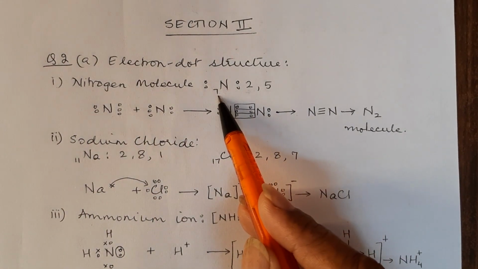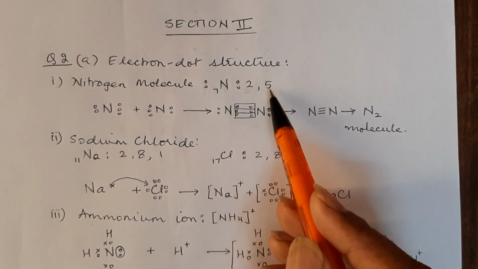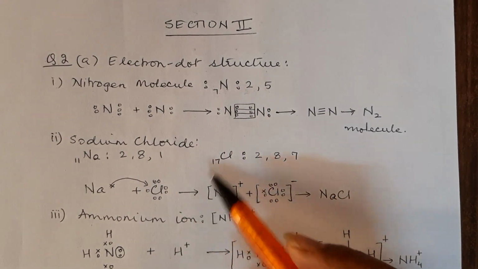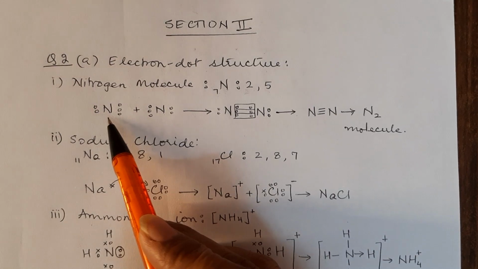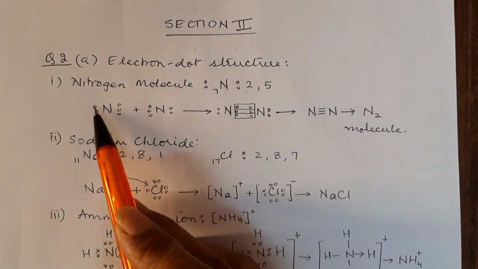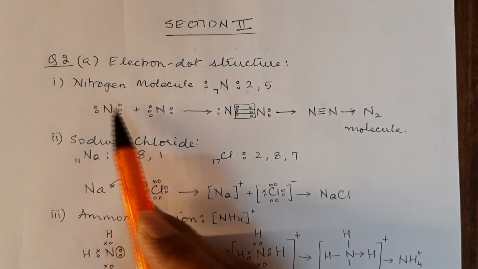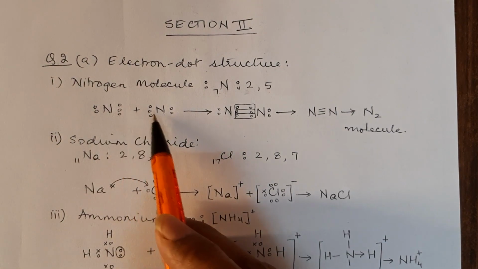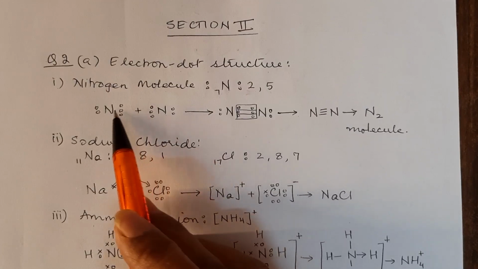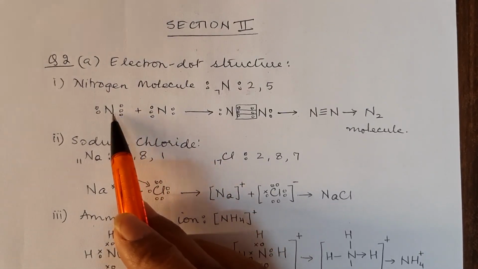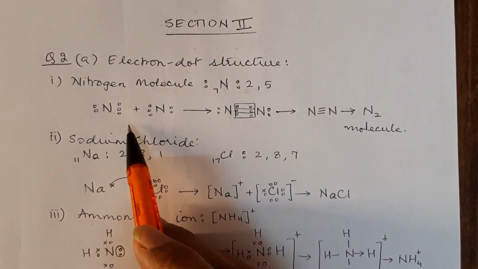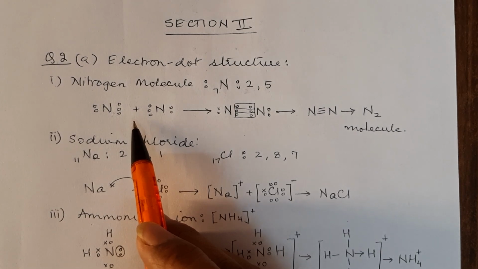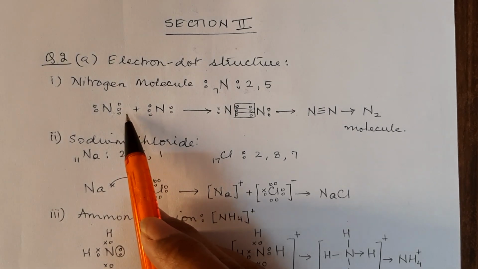Nitrogen has atomic number 7, so it becomes 2, 5 as the electronic configuration, and then we have the 5 electrons over here. They will place themselves as 2 here and 3 this side. Reason, we will need 3 more electrons to be accepted by this nitrogen in order to complete its stable electronic configuration, that is completing its octet.